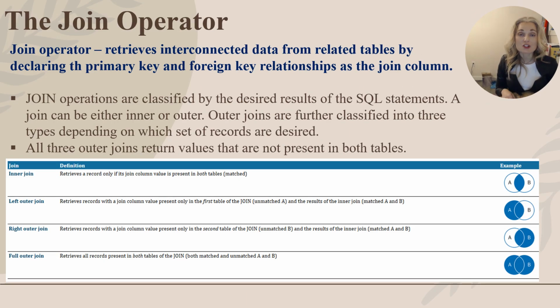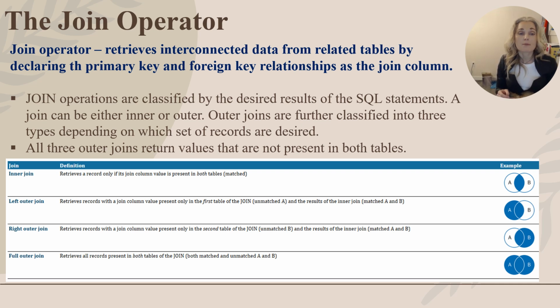We can also join different tables together to get information, because as we talked about earlier, relational databases are about relationships and they don't store all information in one table. They're stored in multiple tables, so our join operator retrieves interconnected data from related tables by declaring the primary key and foreign key relationships as the join column.